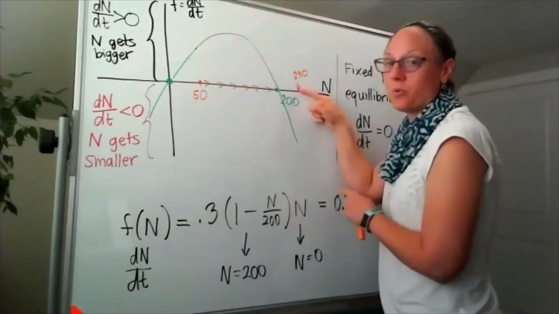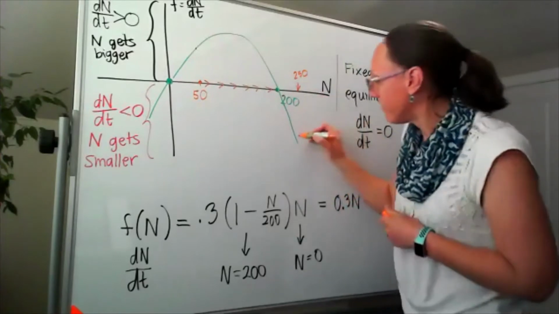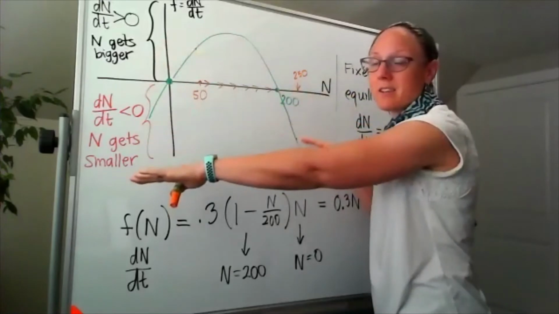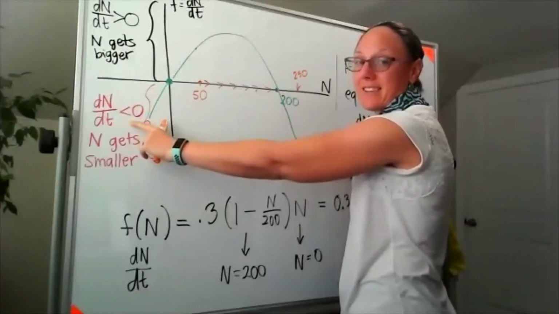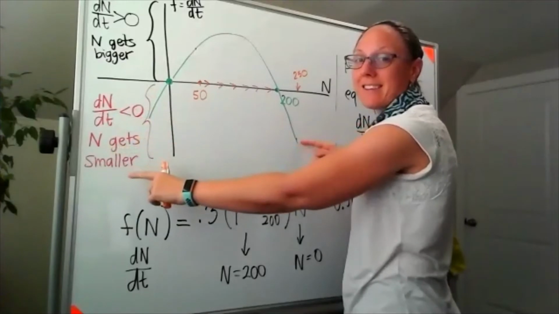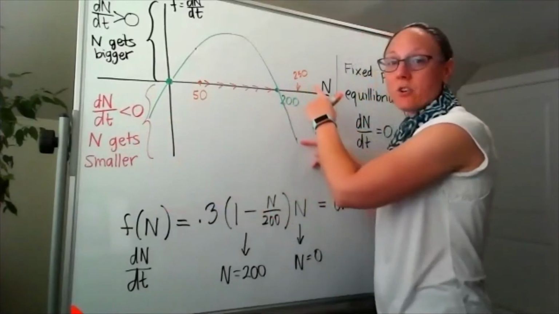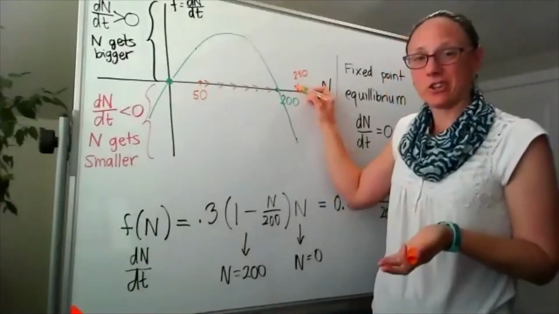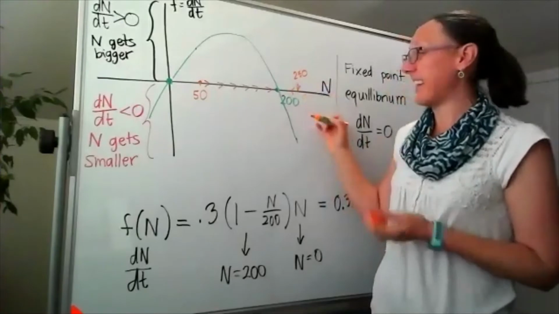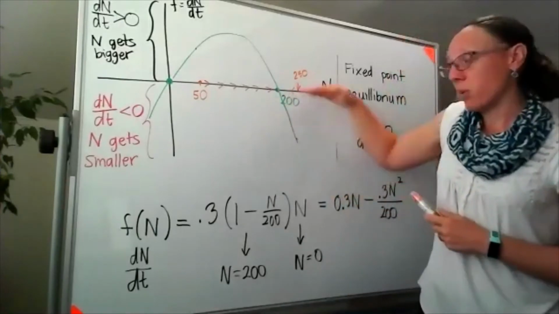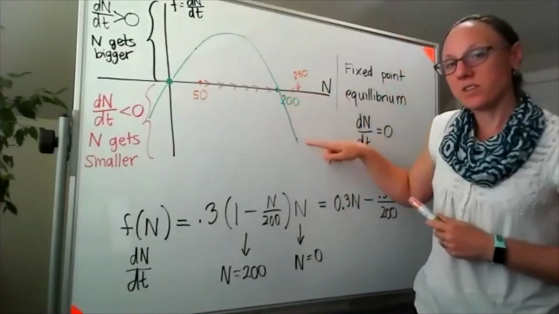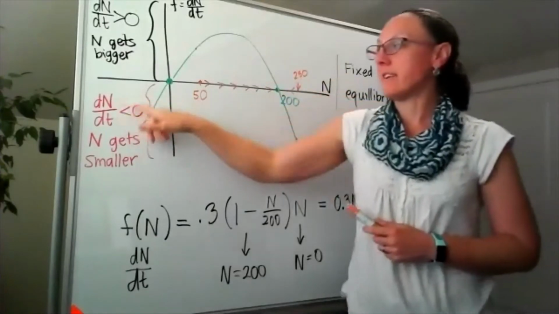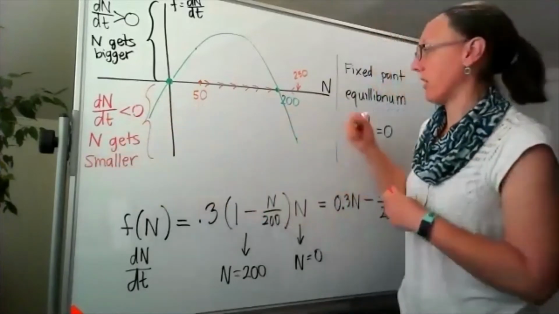So I'm going to take that 250, come down here to the curve, and say, oh, because I'm below the axis, I know that dN/dt is less than 0, which means my N is getting smaller. So I had 250 turtles, but now that's actually going to decrease, and I'll be somewhere in here. Everywhere on this portion of the curve, because those dN/dt values lie below the axis, I know dN/dt is negative, and N will get smaller.